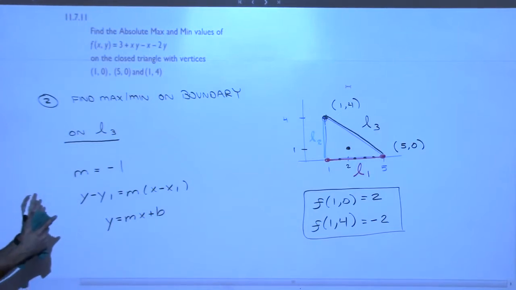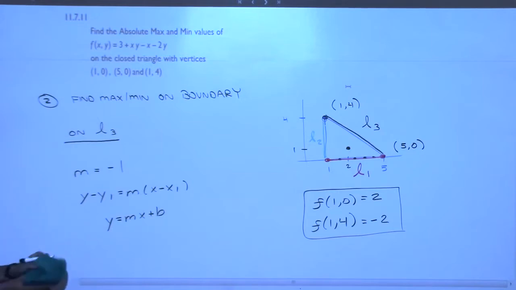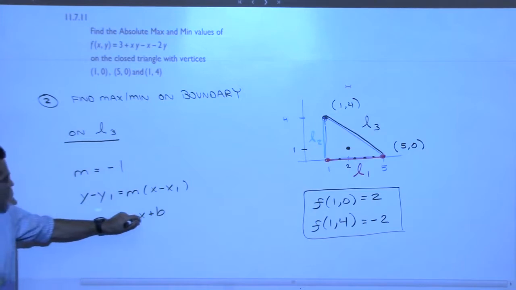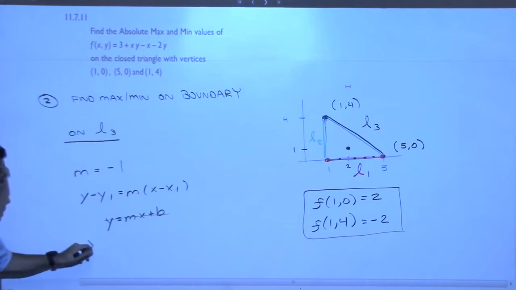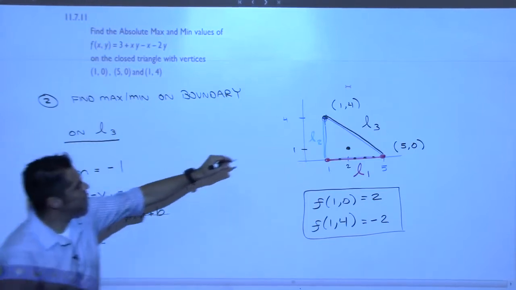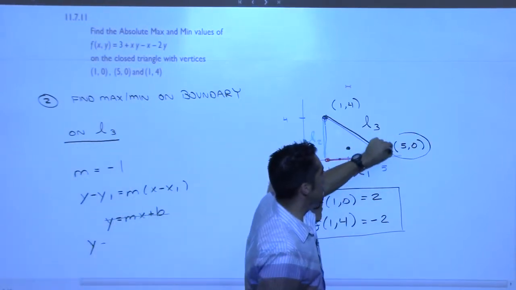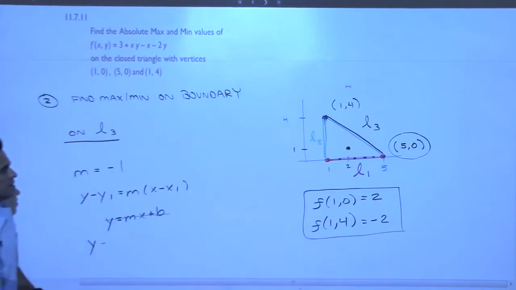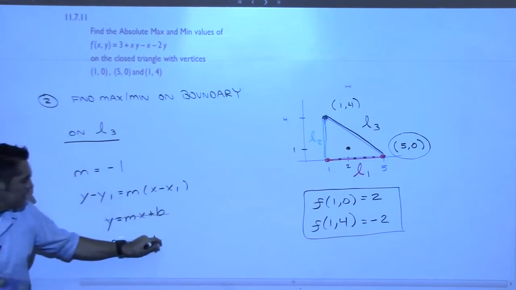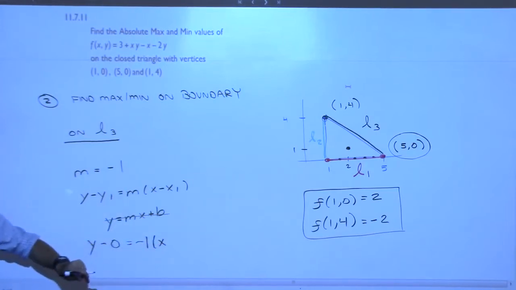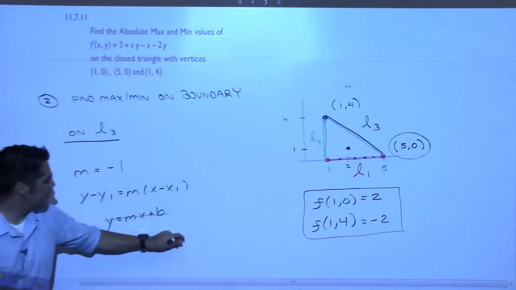If this line wasn't so pretty, because it is pretty, it's slope -1, but if we didn't have that, how would we do it? I would probably scrap this and go to this right here. So just pick one of those points as your (x1, y1). Let's pick this one, an easier piece to work with, right? So that's going to be y minus 0 equals m, which we said our slope was -1, times x minus 5.